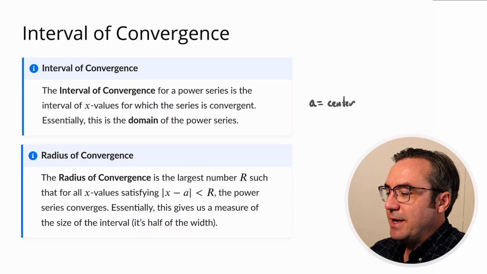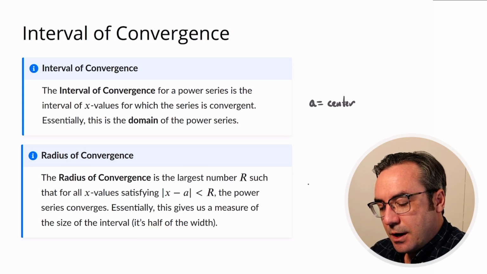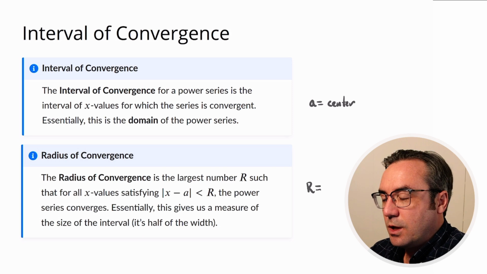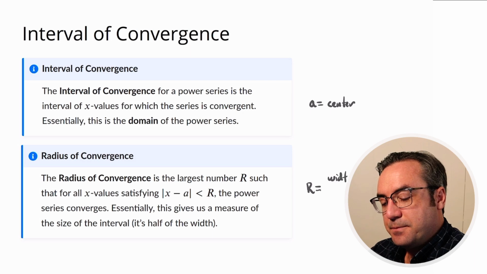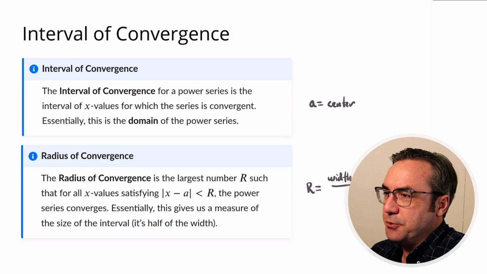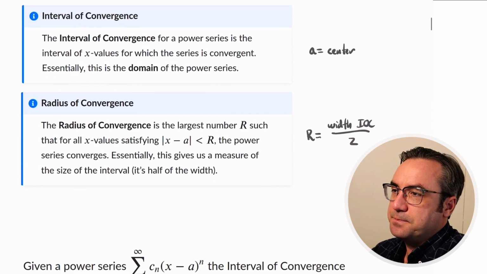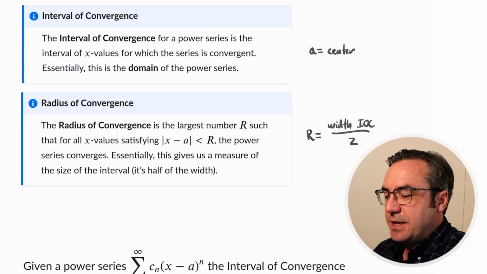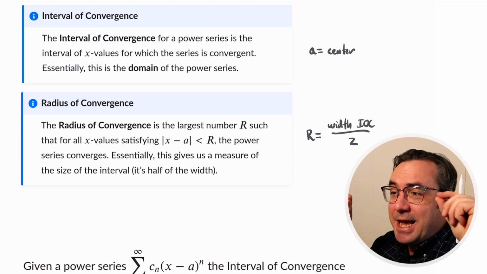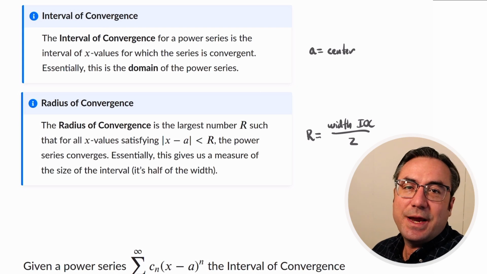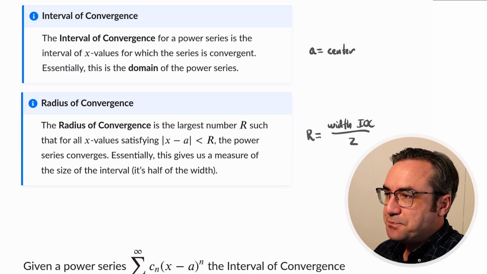And the way you can calculate it, we'll call it capital R, and it's just the width of the interval of convergence divided by 2. So we just take the width of our interval of convergence, divide it by 2. Kind of like when you have a circle, there's the diameter, and then the radius is half the diameter.